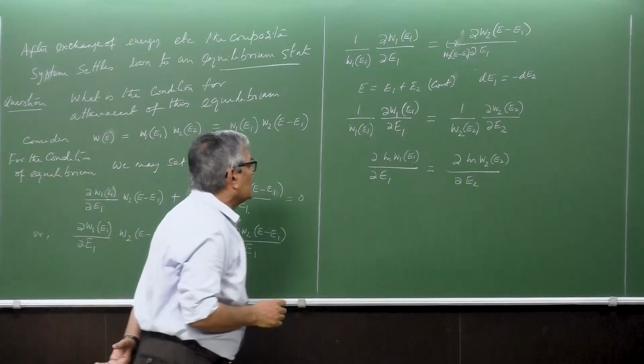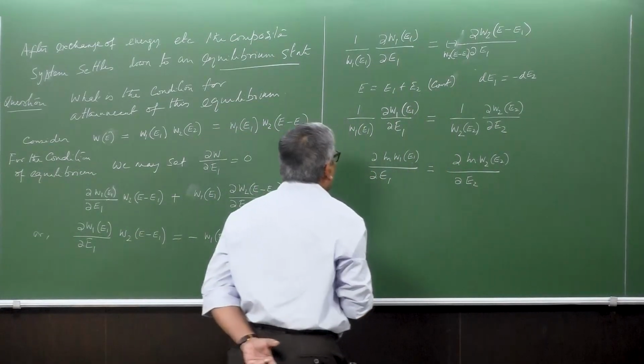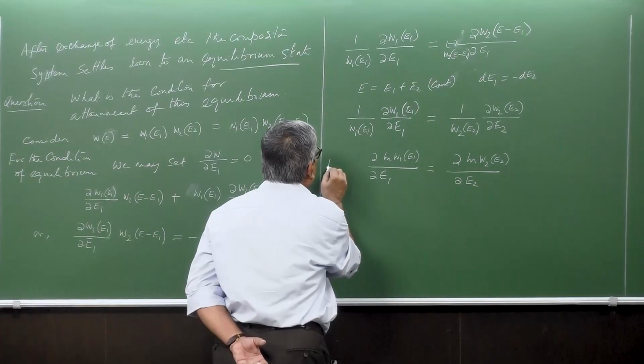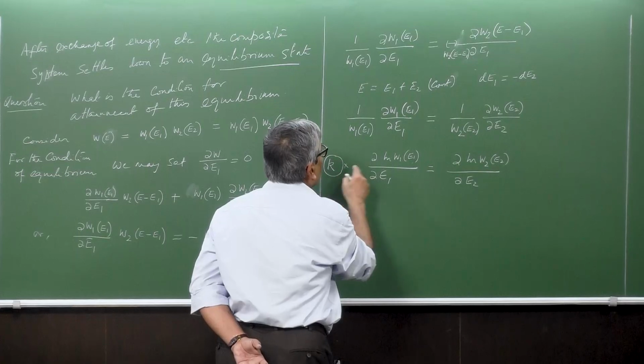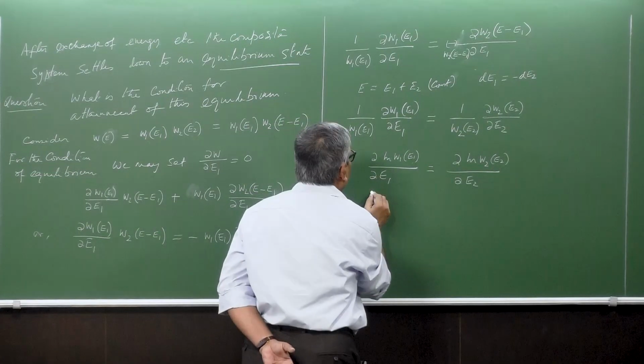d of ln W2 over E2 del E2. So if I multiply both sides by k, then what we get?